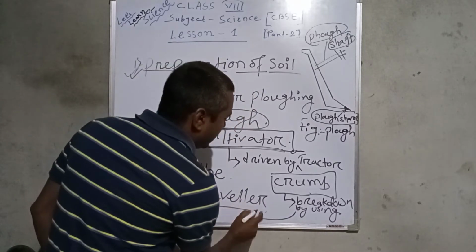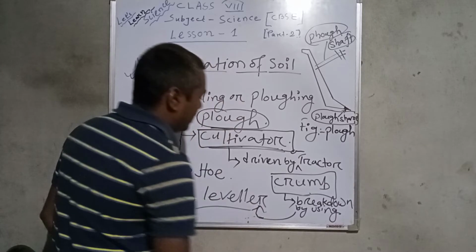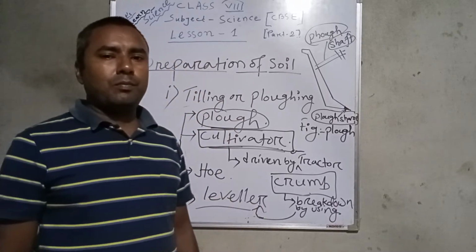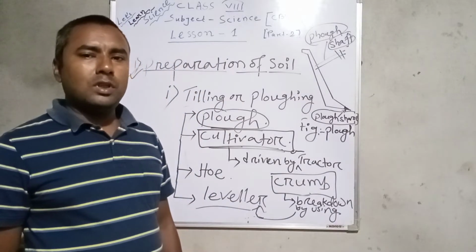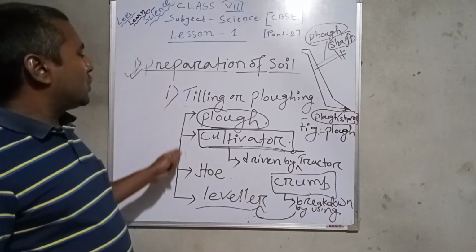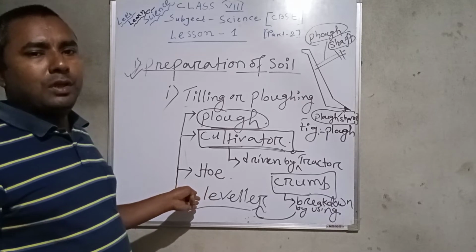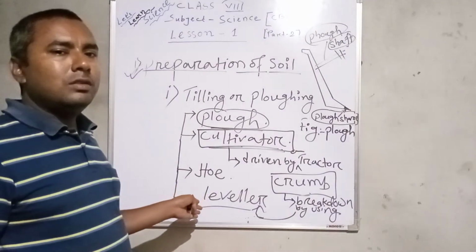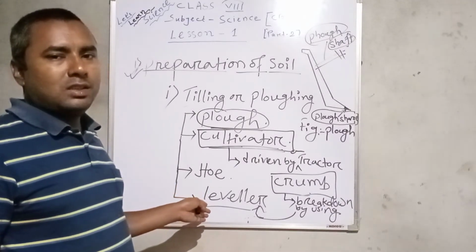By using what? This device, that is the leveler. Understood? So this is how soil is prepared, for sowing seeds.